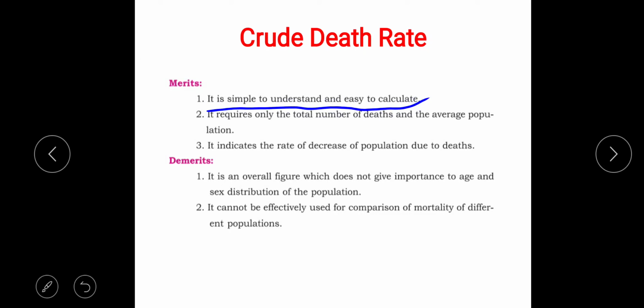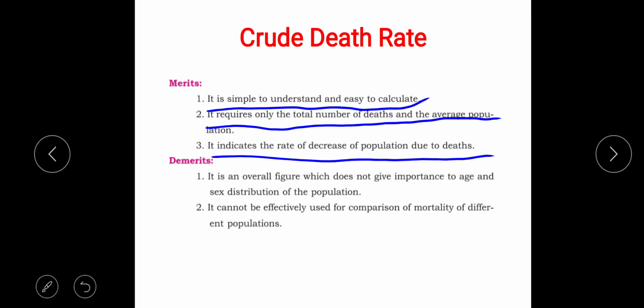It requires only the total number of deaths and the average population. No need to separate whether male or female died, just total population and deaths. And it indicates the rate of decrease of population due to deaths. So it tells how much the population decreased because of deaths.